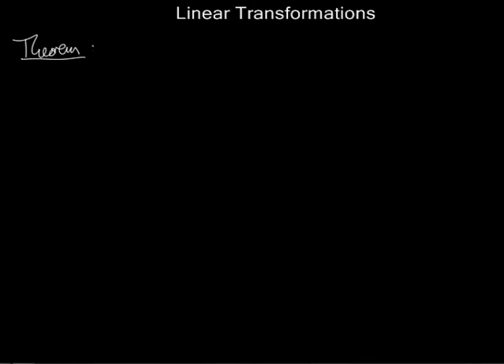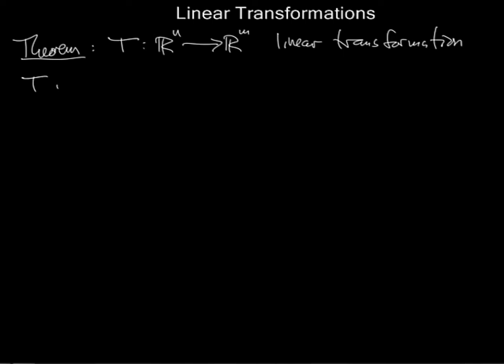So, let's state that as a theorem. A linear transformation from Rn to Rm is given by an m by n matrix as follows.